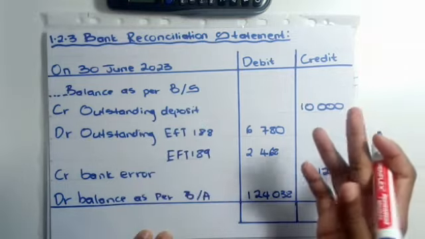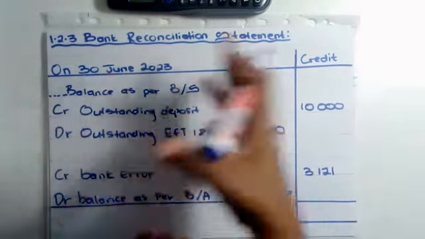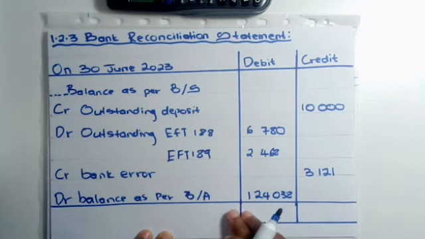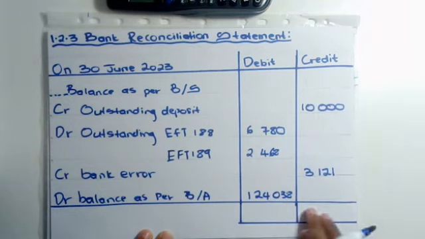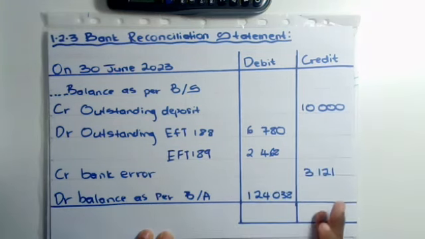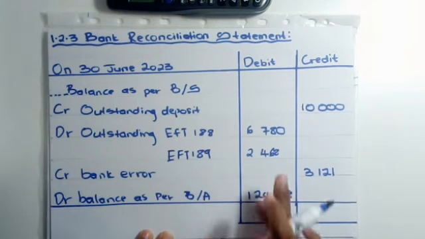So it becomes easy that whatever is missing is going to be the one that's going to fill in our bank statement balance. So to do that, we are going to balance both sides using the bigger amount. So when you calculate this side and you calculate this side, you will come to see that this side is the bigger amount.